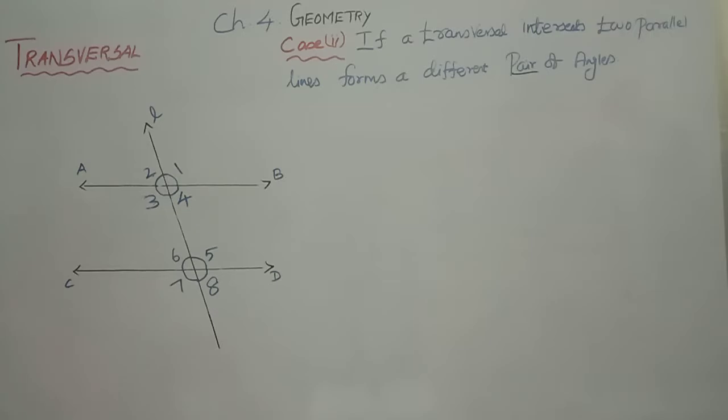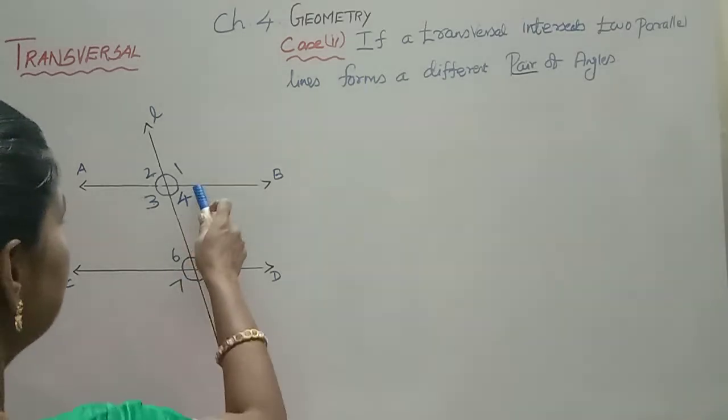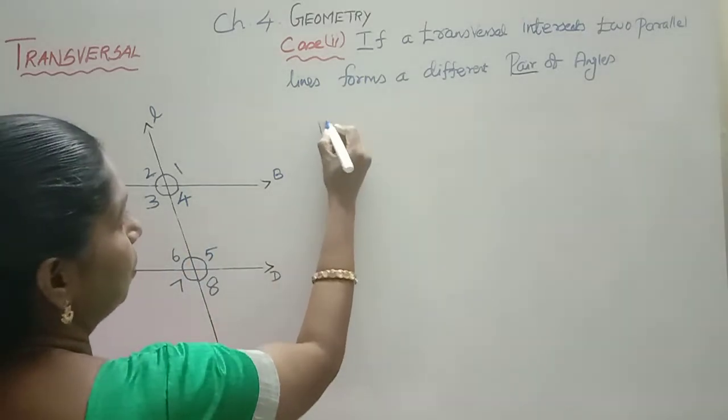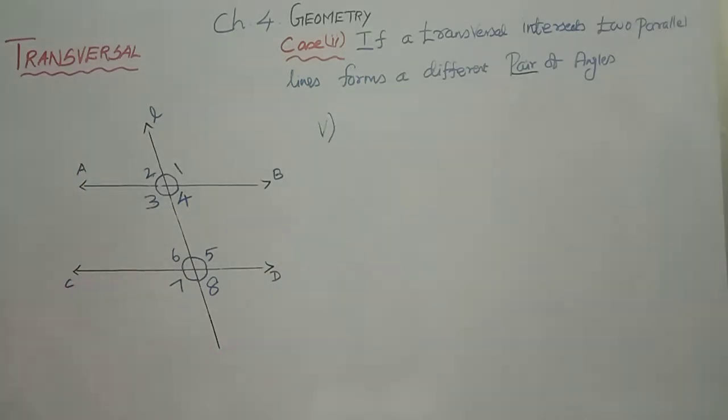Angle 3 and angle 6 is equal to 180 degrees. Next, fifth one, linear pair of angles. Another name is consecutive angles: interior consecutive angles and exterior consecutive angles.